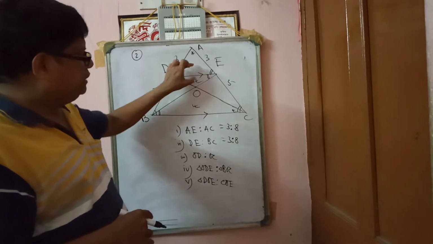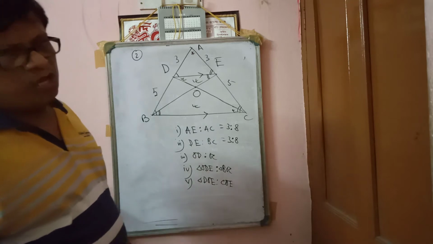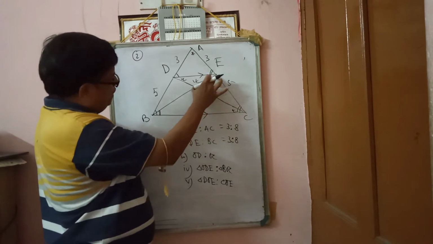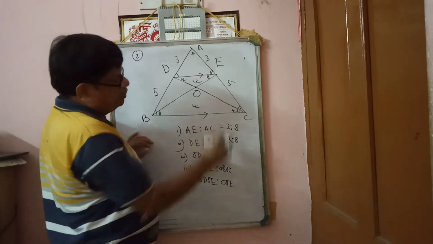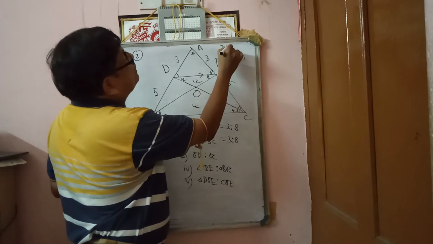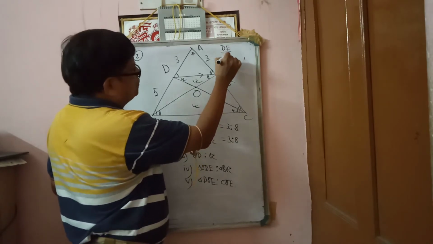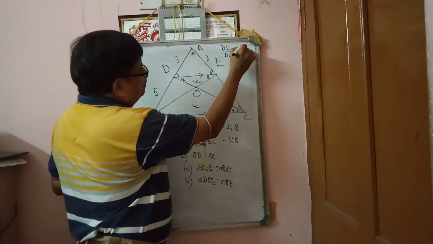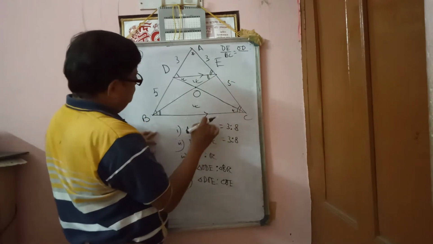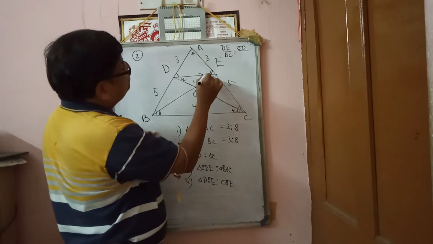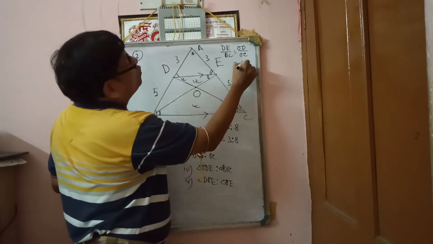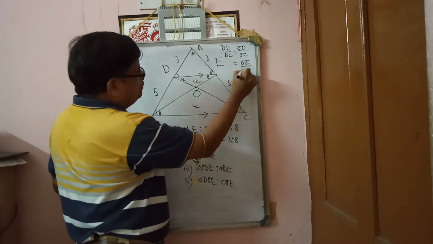So we can write DE by BC. By the basic proportionality theory, DE by BC equals OE by OB and OD by OC, both are the same. So DE by BC equals OD by OC equals OE by OB.